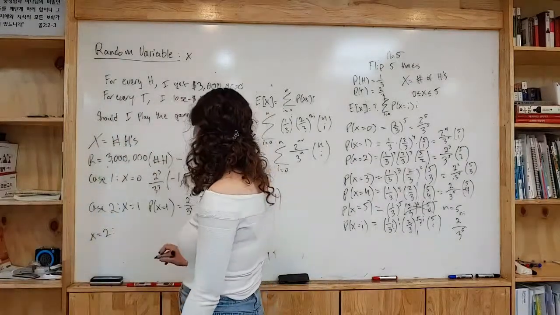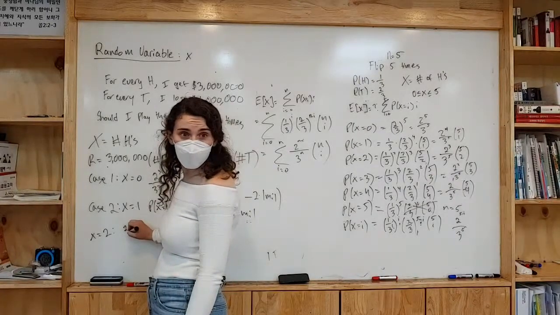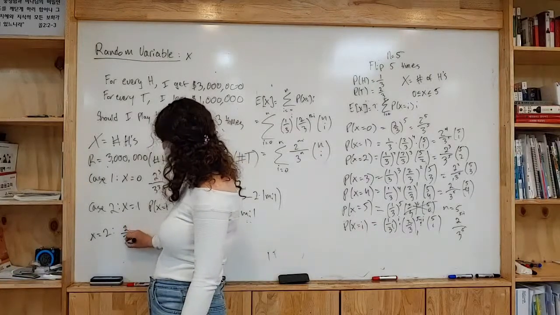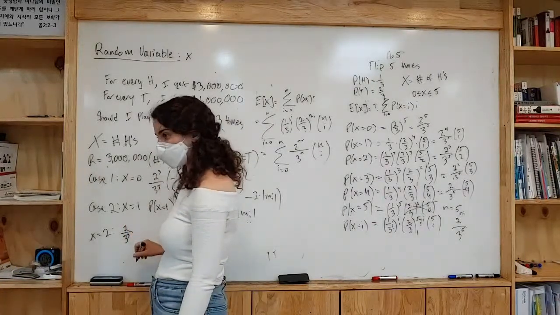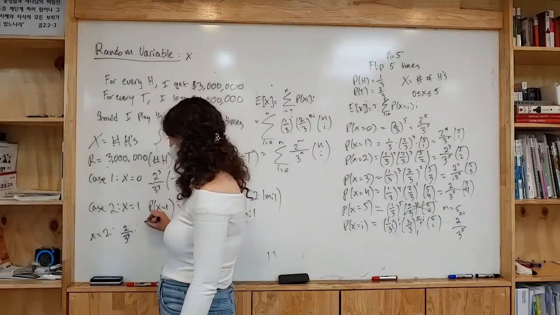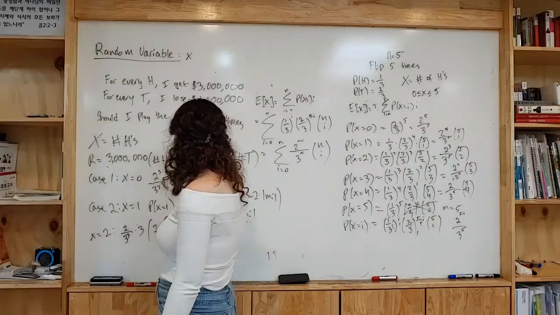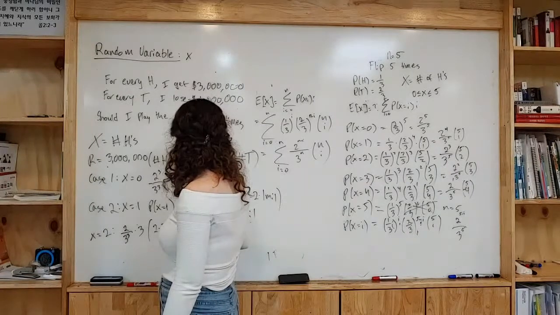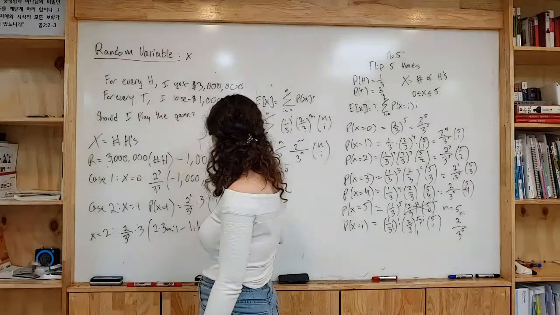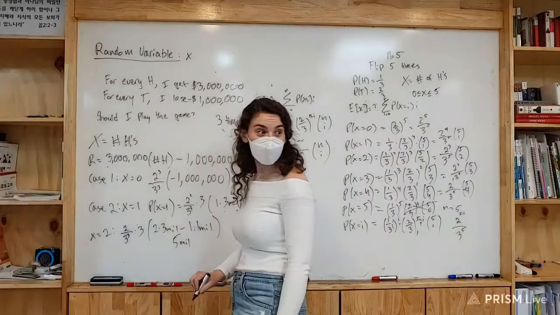Alright, what's the probability? 2 to the 2 times, divided, times 3 choose 2, which is 3, times 2 times 3 mil minus 1 times 1 mil, right? Which is 5 million. Okay, that's nice.